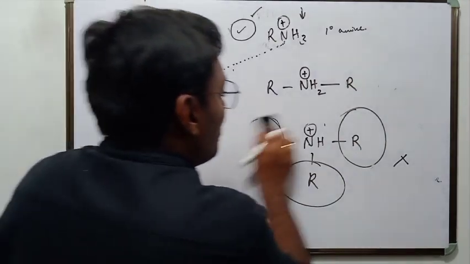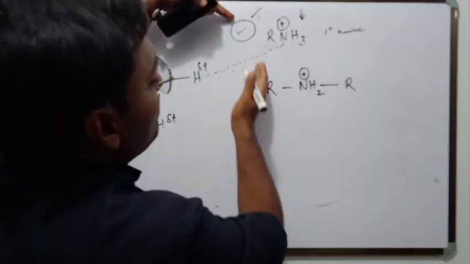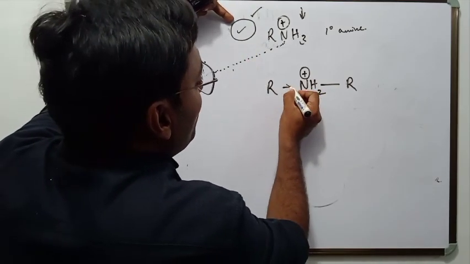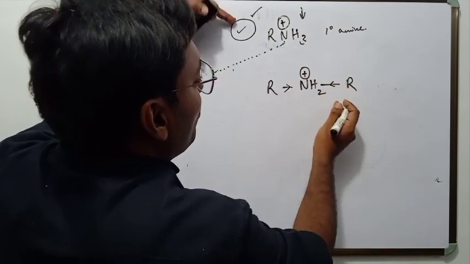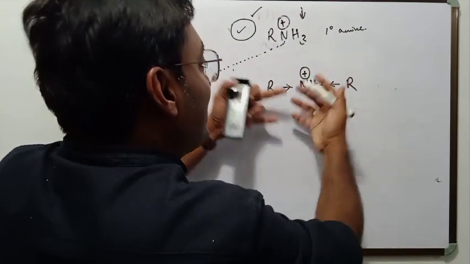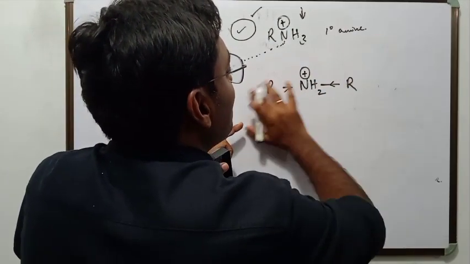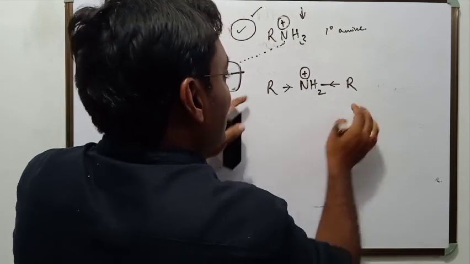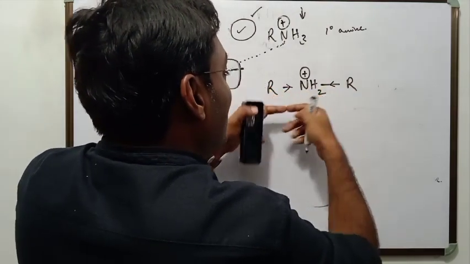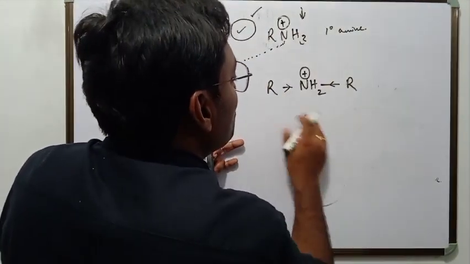Now the competition is between primary and secondary amine. Primary amine is absolutely the winner here, but the electronic effect of secondary amine, which is within the molecule, has a greater influence than the solvation effect from outside the molecule. Okay, the electronic effect, that is the plus I effect within the molecule, has a greater influence than the solvation effect with the solvent molecules.